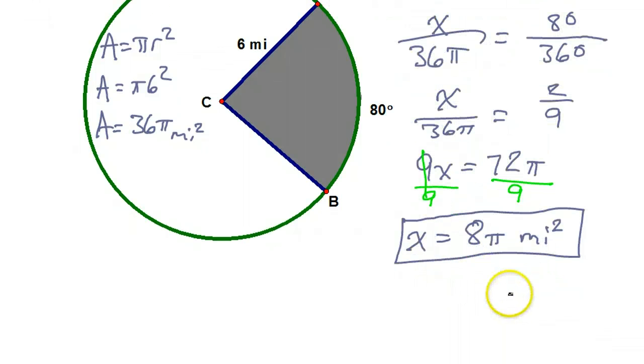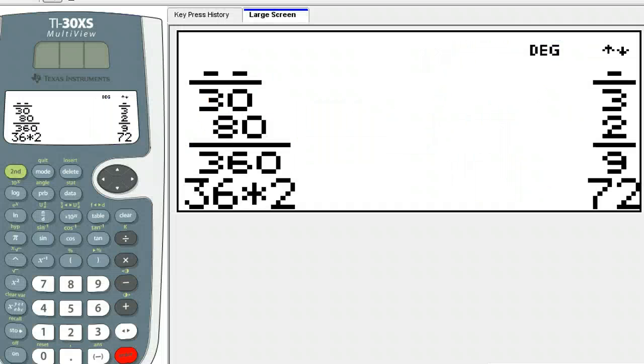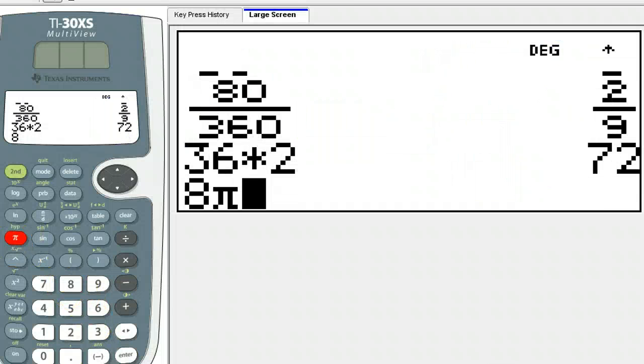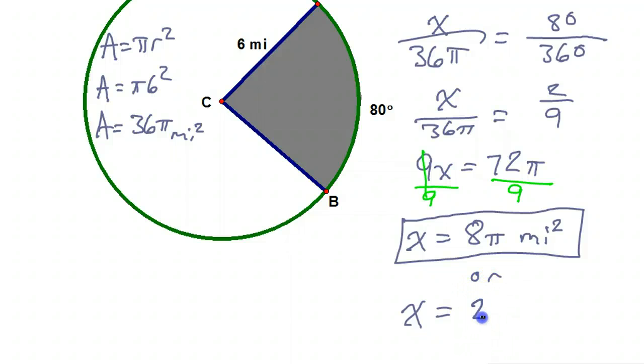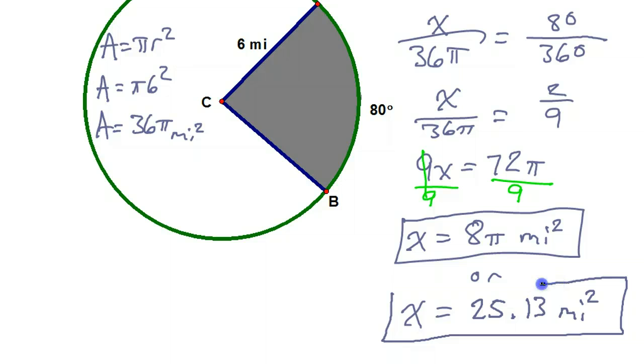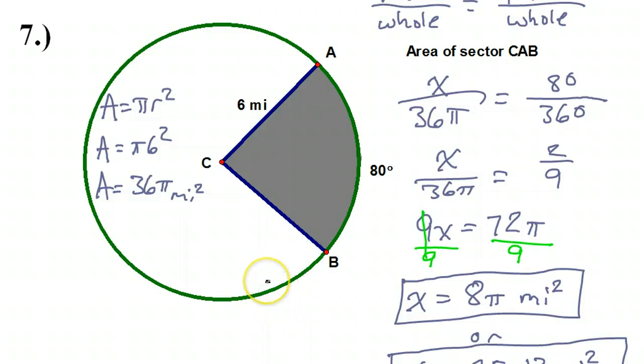But let's go ahead and write it as a decimal as well. Okay, so 8 pi as a decimal is 25.13. And never forget your units when they exist. Alright, so that is it. That's the answer for number 7.